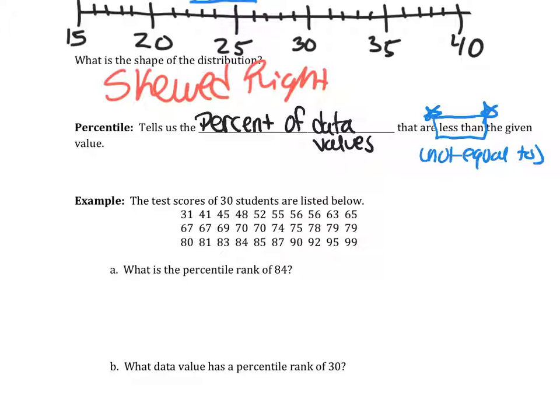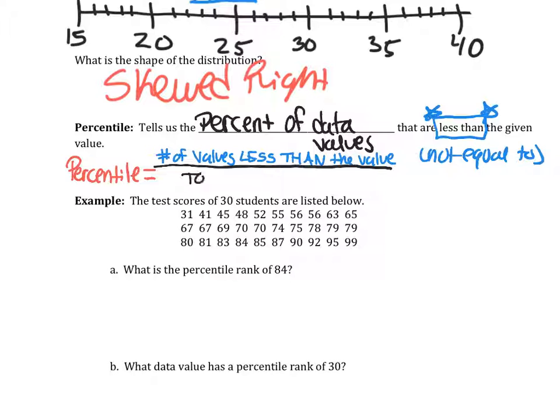So in order to calculate the percentile of a number, you just need to count the number of data values that are less than whatever number you're looking at. Again, not equal to, strictly less than. And that'll be your numerator: number of values less than the value. And then you divide by your total number of data values.